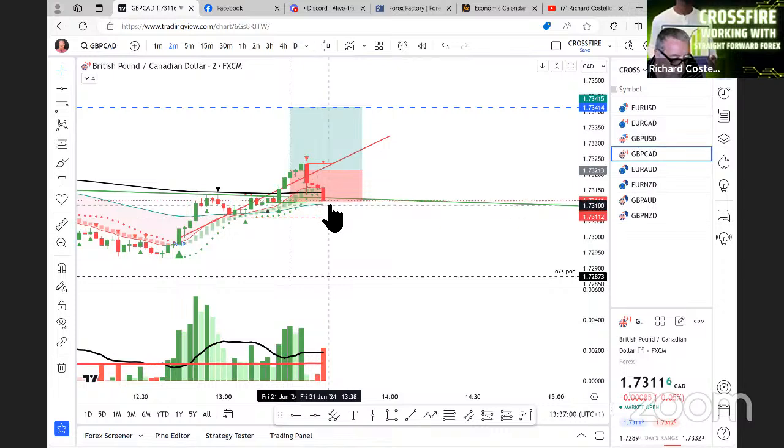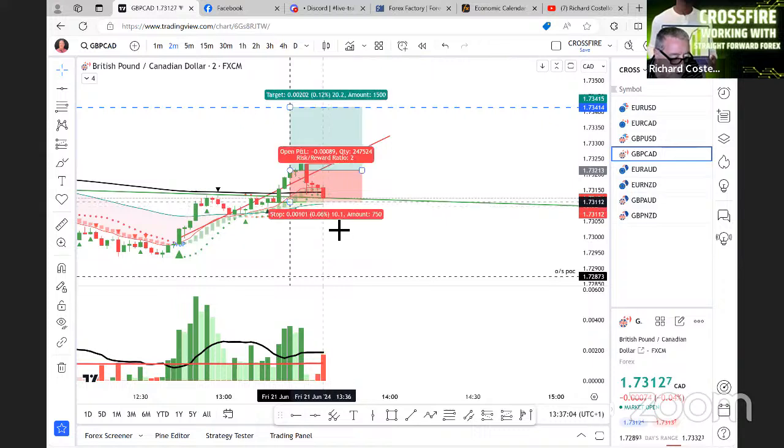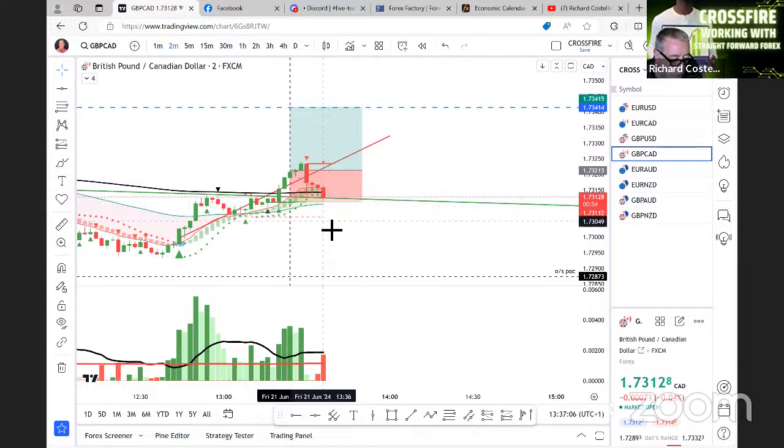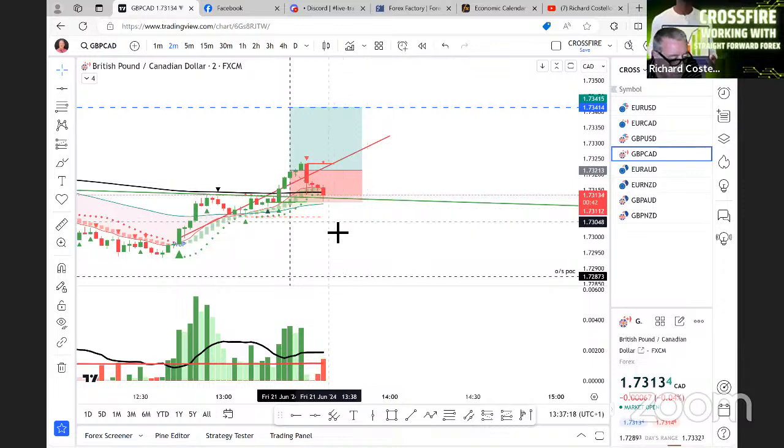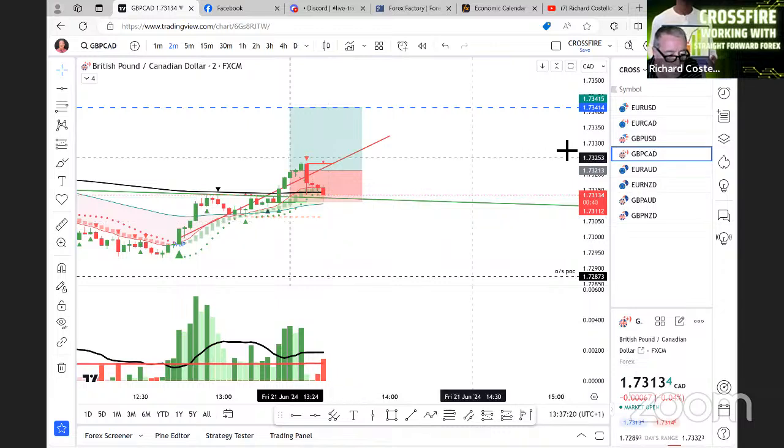So for price to actually be in a downward trend, it would need to go below that point there. So we're still currently in an upward trend. But if it breaks past that red dash line, we then start to be in a downward trend.